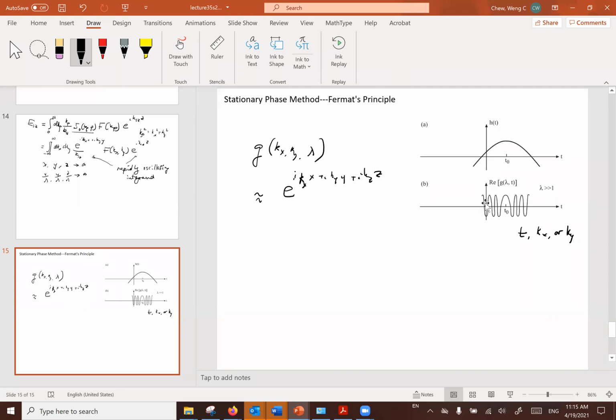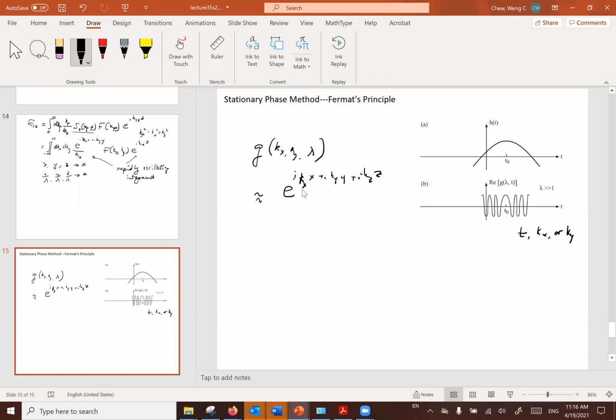If you change t by a little bit, the phase would change, which means that most of the contribution to this integral would come from the part where the phase is the least rapidly varying. So over this part, t naught is where the phase is least rapidly varying.